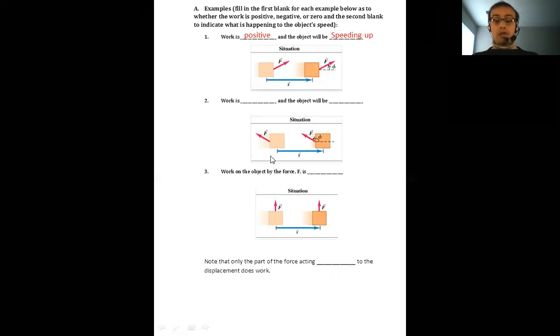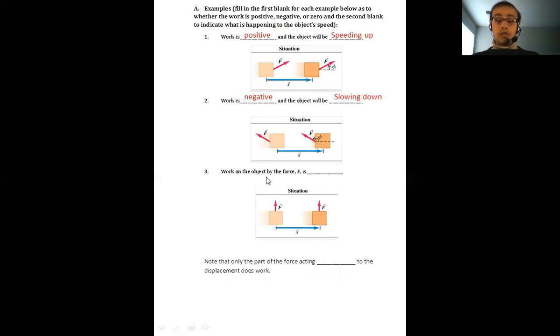In this case, we have a force vector which has a component which is anti-parallel to this displacement vector, meaning that the x component of F is facing in the opposite direction as this displacement vector. The work in this case is negative, and the object will be slowing down.